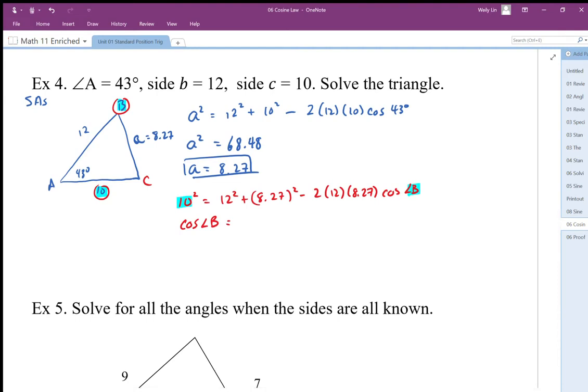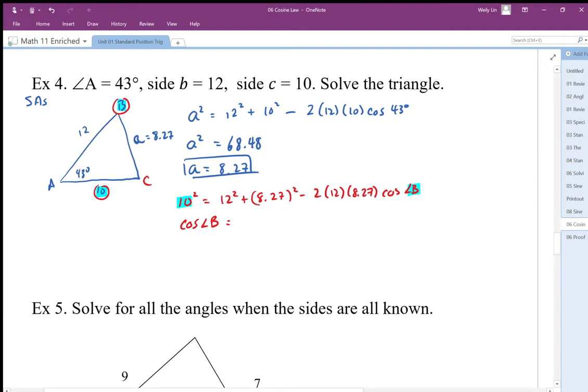So cosine of angle B, when I do all that calculation, I'll just walk you through it. I start with 10 squared, and I take away 12 squared. I take away 8.27 squared. Okay, oops, I just made a mistake here. So 10 squared minus 12 squared minus 8.27 squared.